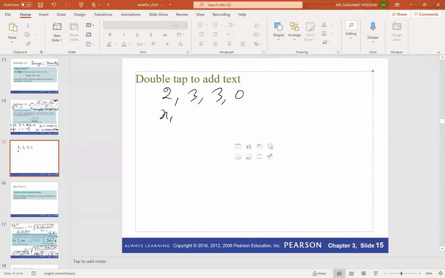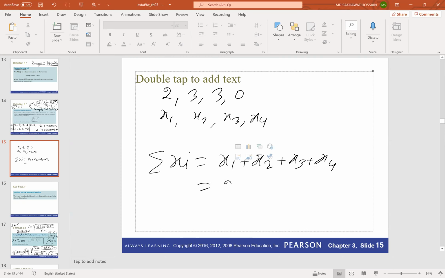This is our x1, this is x2, this is x3, this is x4. So what is the meaning of sigma of xi? That means you are adding x1 plus x2 plus x3 plus x4, which is 8.